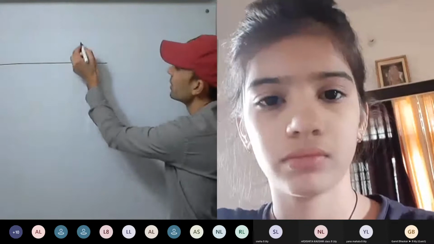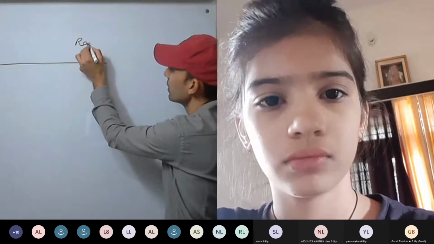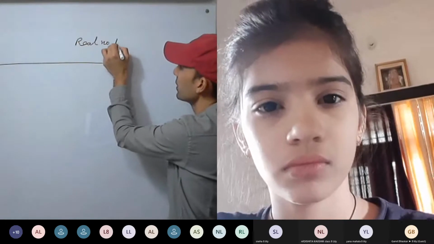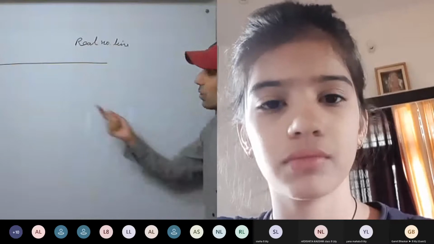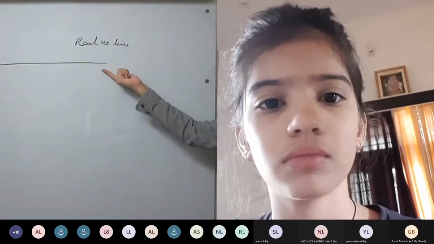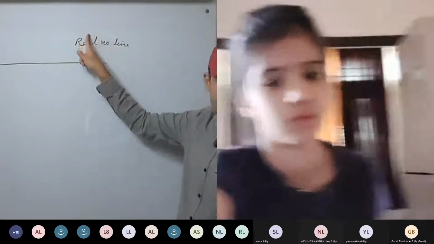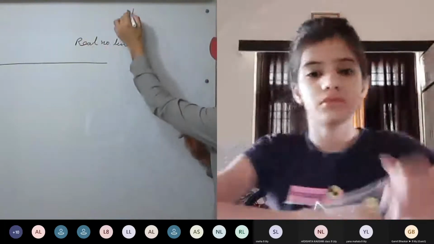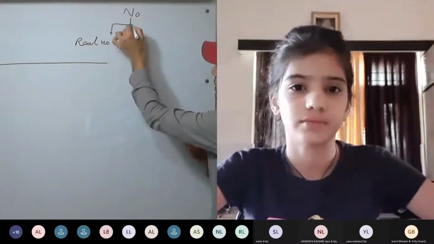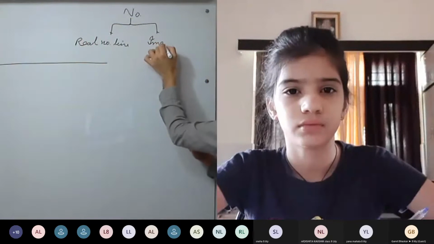It is a real number line. That is, all the real numbers lie on this line. Numbers can be real, they can be imaginary.